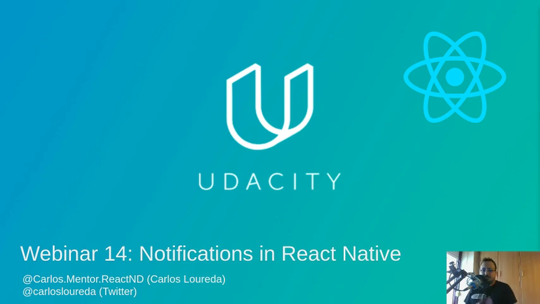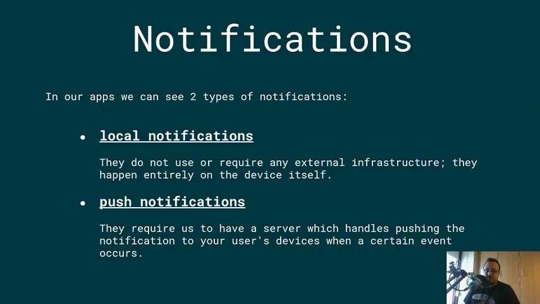Okay, so the instruction says that we have to talk today about notifications in React Native. If you go to the mobile environment, you will see that you have two types of notifications: local notifications and push notifications.